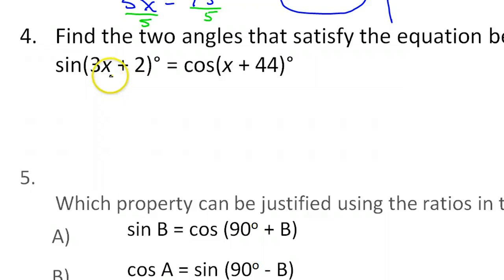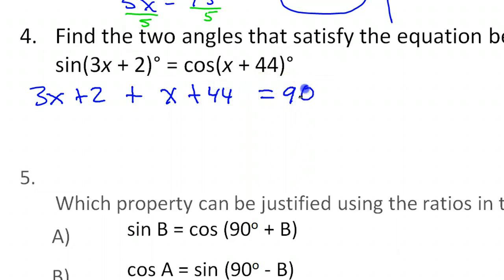Again, these two angles have to add up to 90. So that means 3x plus 2 plus x plus 44 have to add up to 90 degrees. 3x plus x is 4x. 2 and 44 make 46. That must equal 90.